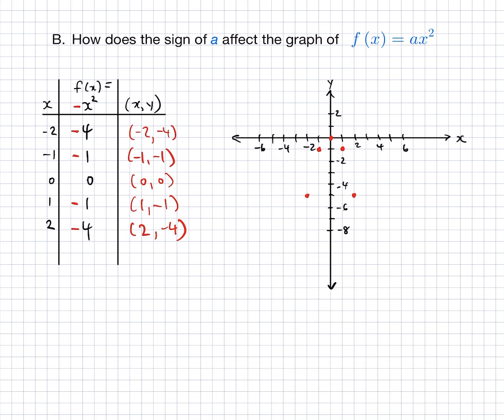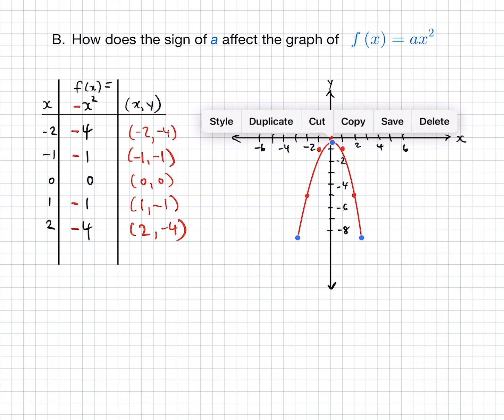Okay, and if we were to connect these dots, we'd see that the function looks like this. All right, there we go. So there's our function.